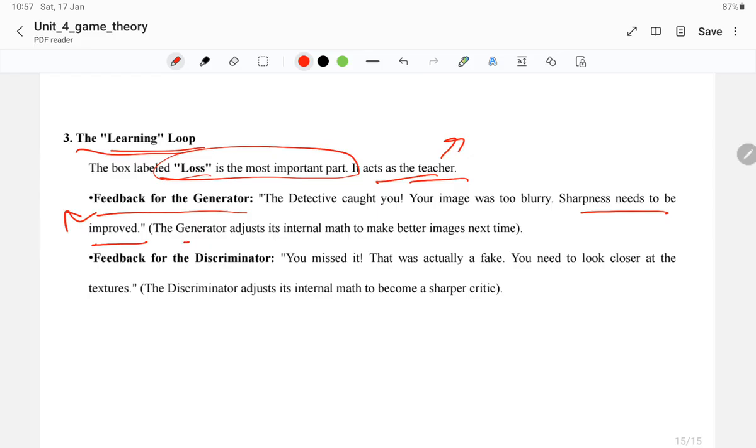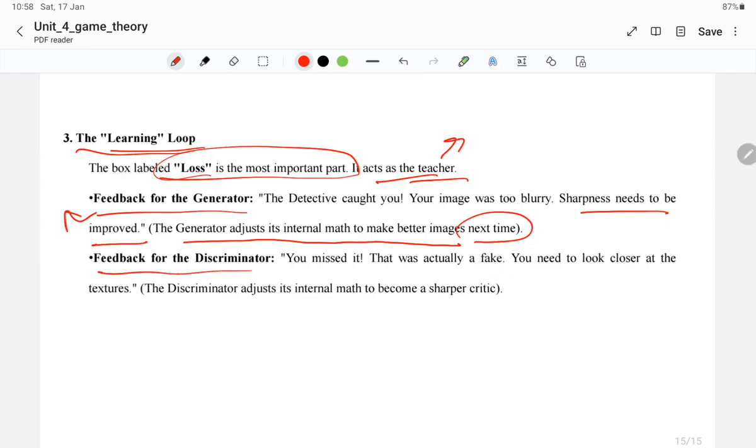The generator adjusts its internal math to make better images next time, so that the fake images look more real. The teacher gives the loss function as feedback to the generator.